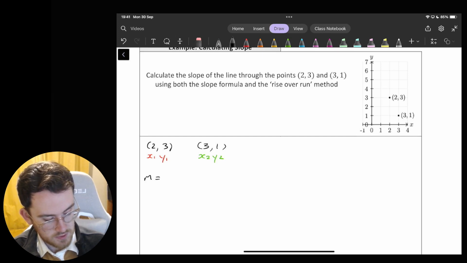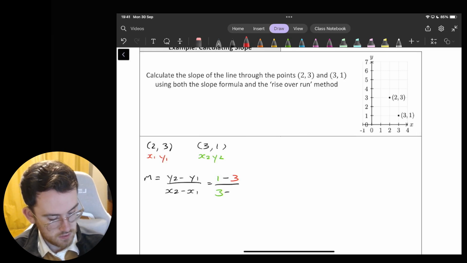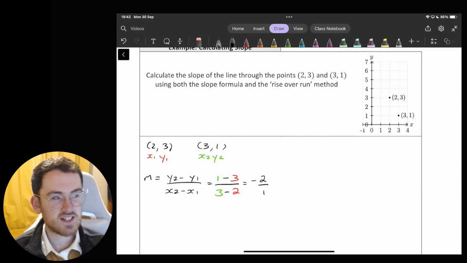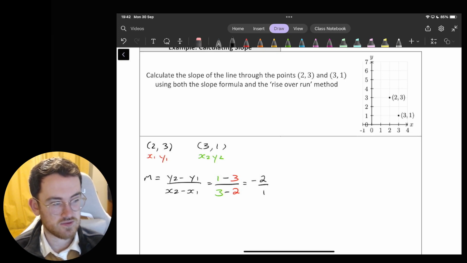M equals y2 minus y1 over x2 minus x1, filling in my values here, 1 minus 3 over 3 minus 2. So that's going to give me minus 2 over 1. Just a nice straightforward slope of minus 2 over 1 there. That's my slope for this equation.